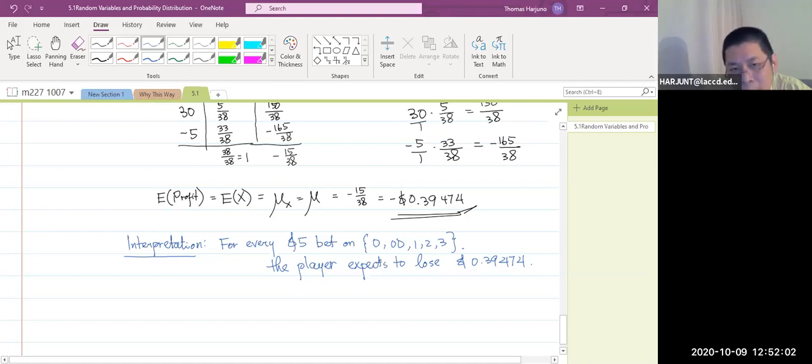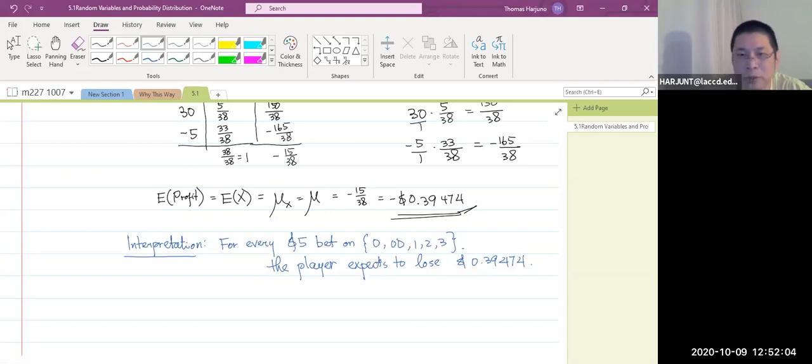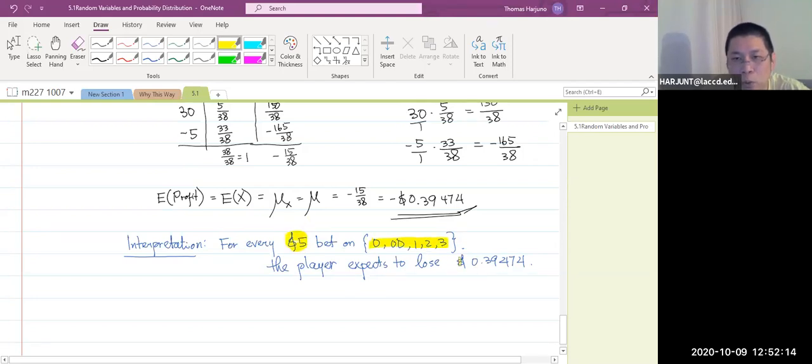So if you bet, let's say 1,000 times on these 5 numbers with a $5 bet each, then you expect to lose 1,000 times this number.